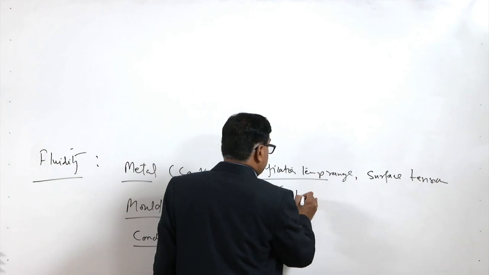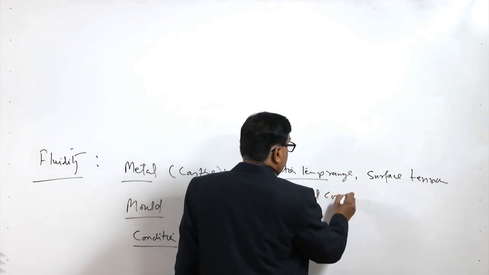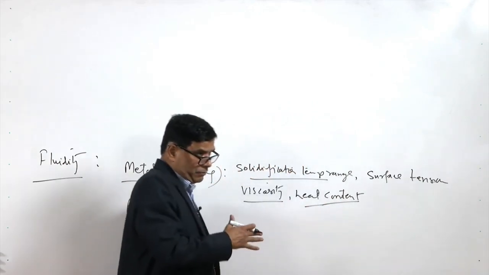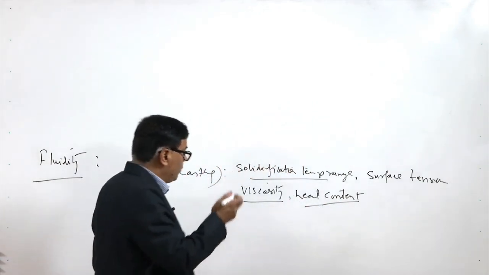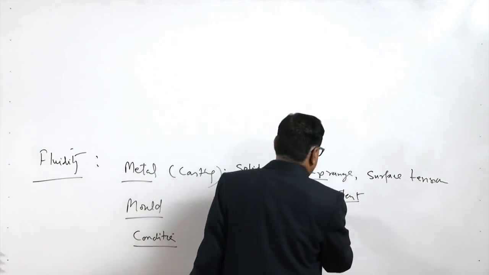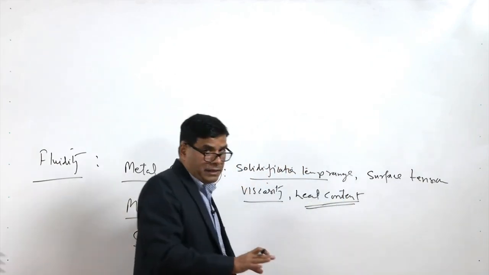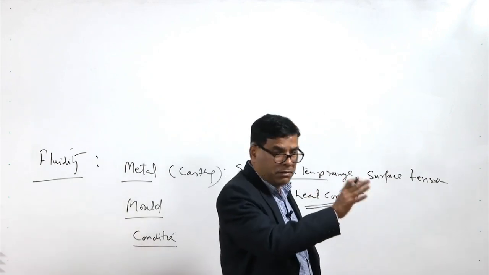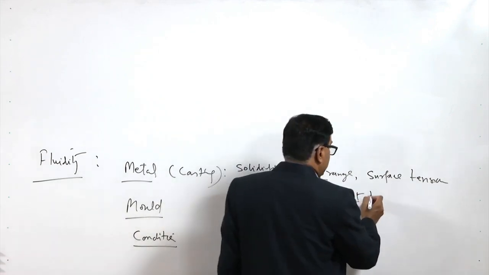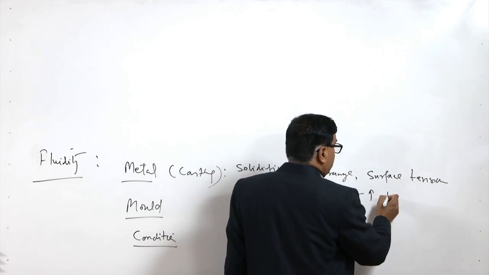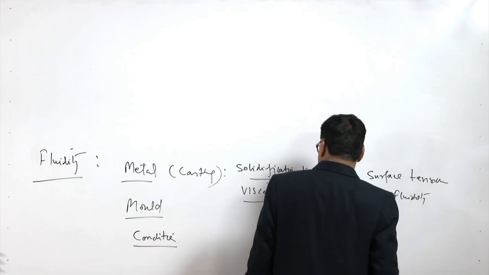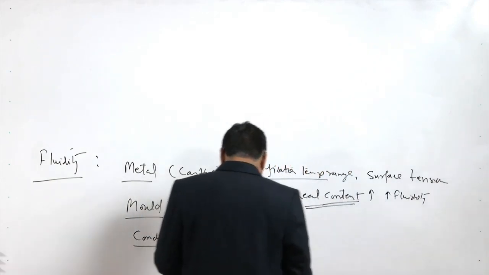Then the heat content: higher is the amount of superheat of the molten metal being poured, higher is the amount of heat it is carrying, and greater will be the time it takes to solidify. So, greater will be the extent up to which the molten metal will be able to flow. So, basically higher is the heat content, greater will be the fluidity of the molten metal.